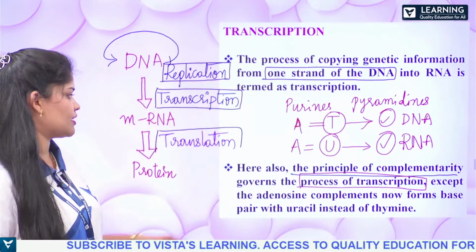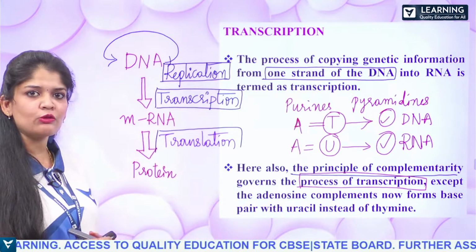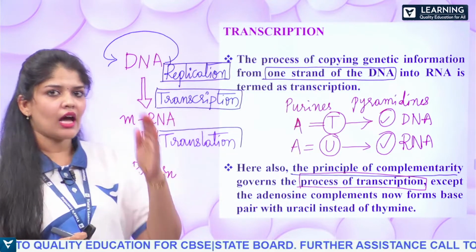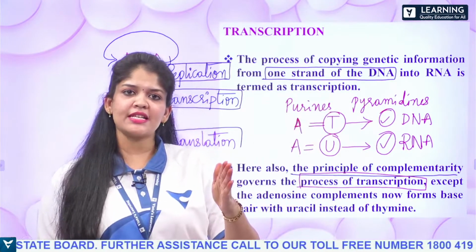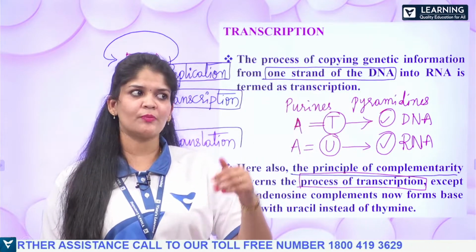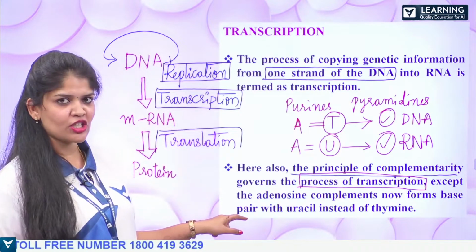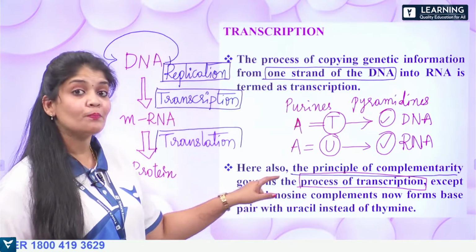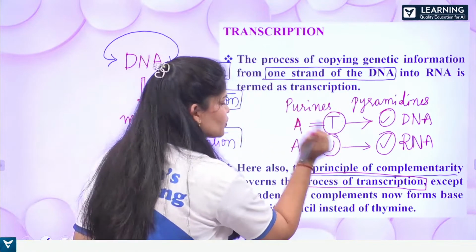Right? So here also the principle of complementarity governs the polymerization of the nucleotides that are going to be present in the mRNA. Except, as we just mentioned, adenosine, instead of complementing with thymine, is going to complement with uracil.